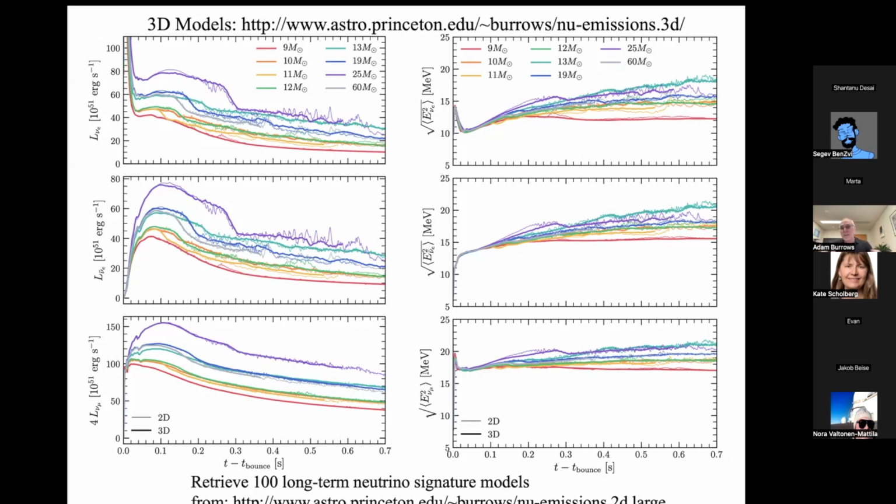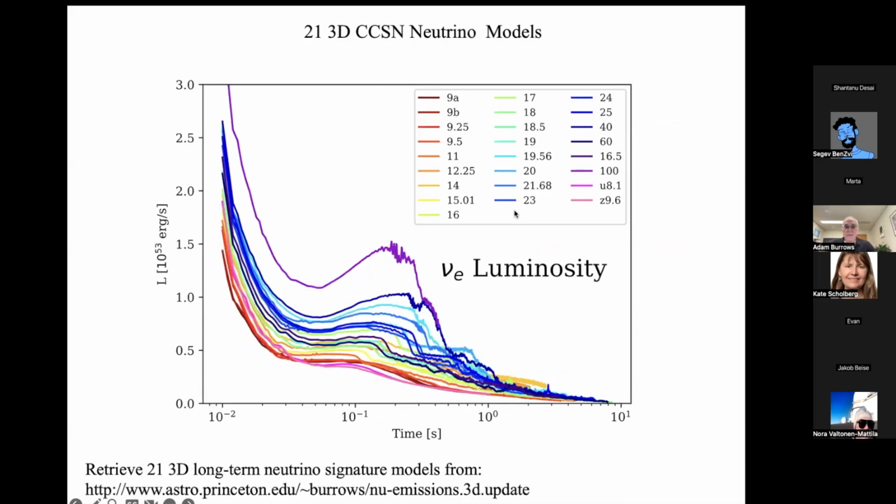The fact of the matter is, when you put in more modern rates of absorption and emission for the mu's and taus and the electron types, you get average energies that are much closer, although you still see a bit of a hierarchy. The mu neutrinos are still a little harder. The anti-electron types and the mu's are very close, and the electron types are a little softer.